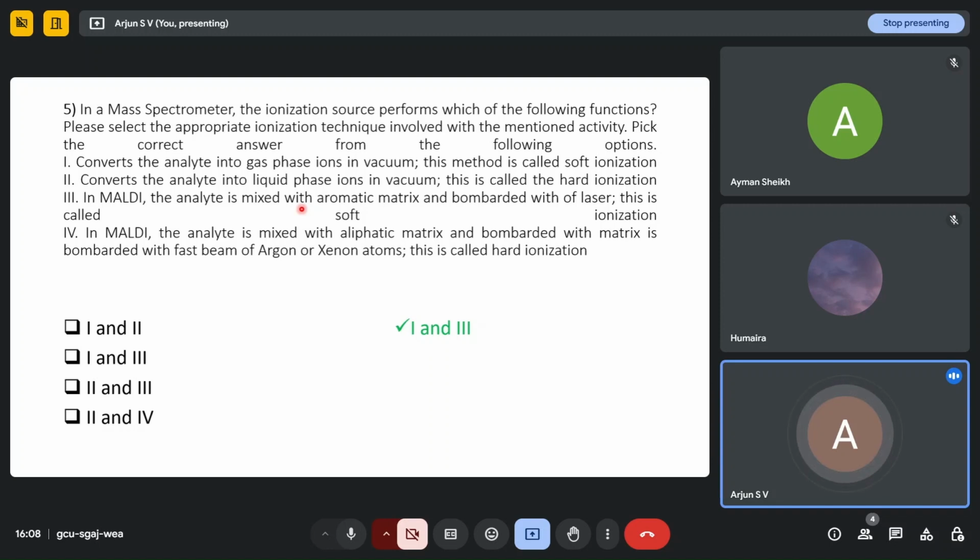So does anyone have any doubts here in the first five questions, how they are being solved? We can have a like 2 minute break to see if there are any confusions in the way that the first five questions are solved.